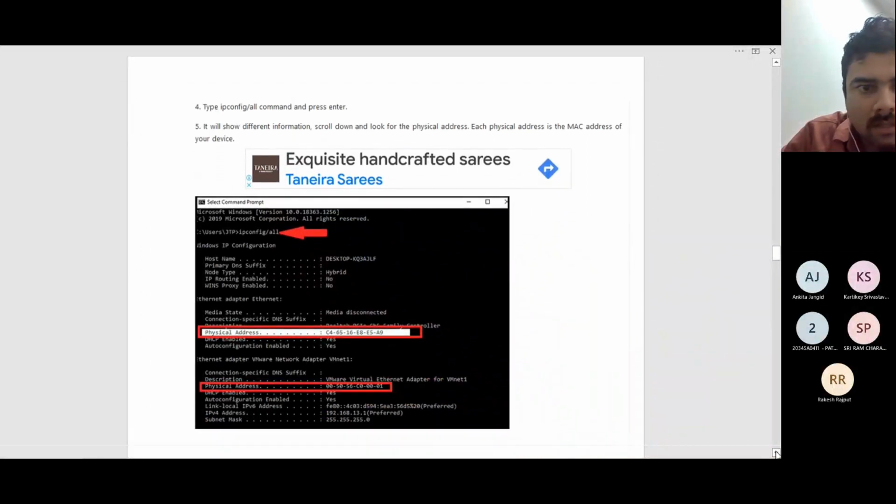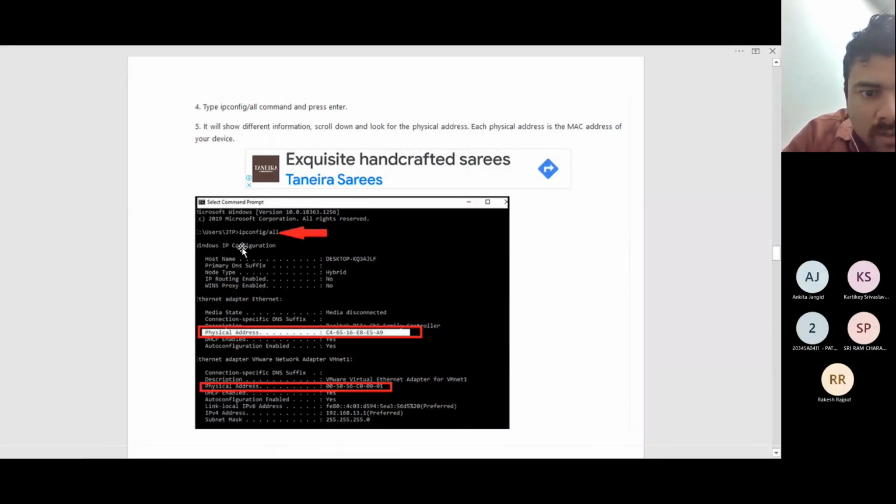Then you type this command: ipconfig/all. Okay. So it will show different information: physical address, each physical address, MAC address, IP routing. First option is users, and JTP is your desktop name.